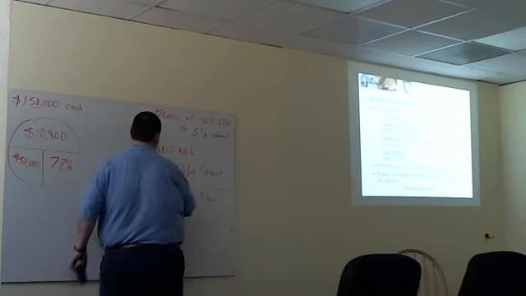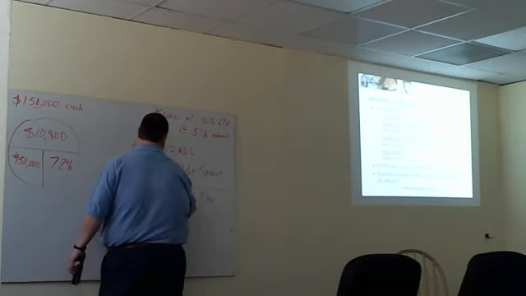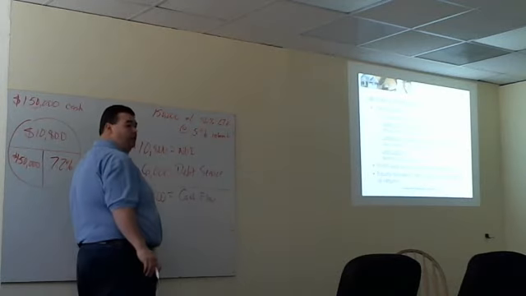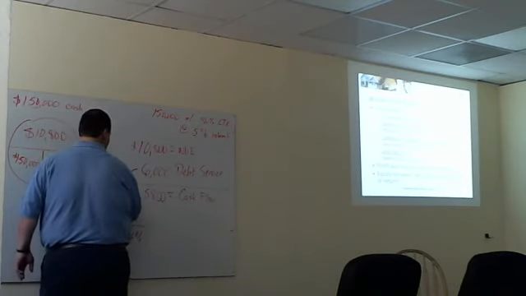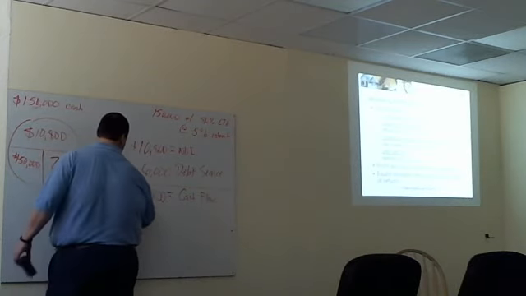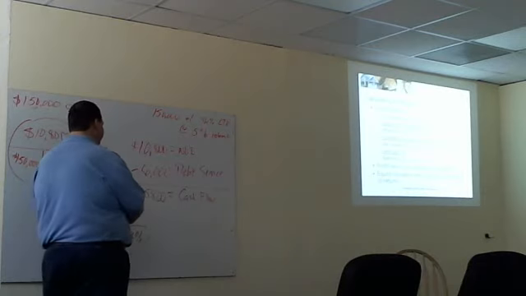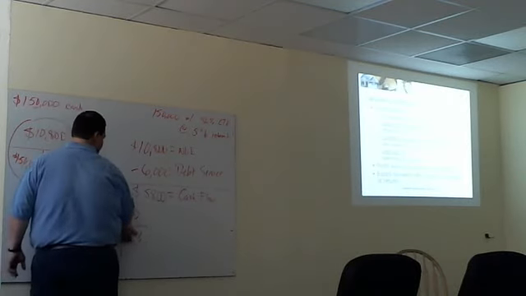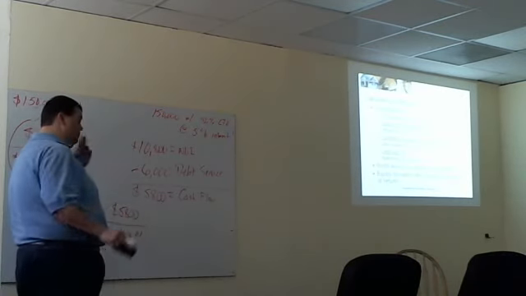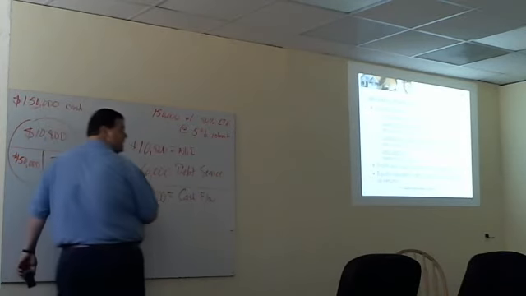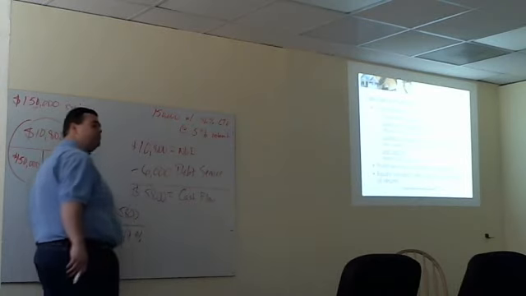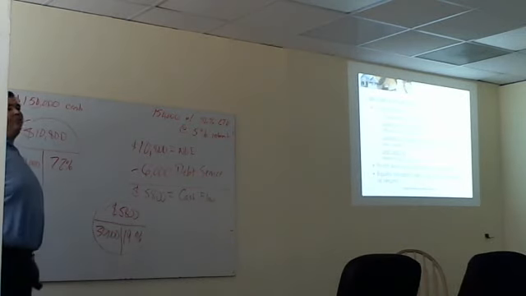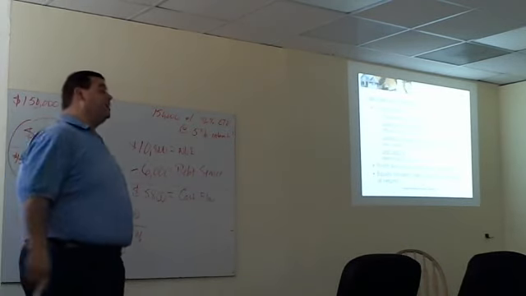So now my cash flow is $5,800 on that property. My investment stays the same, still $30,000. What's my new rate of return? 19.2%. Positive leverage or negative leverage? Extremely positive.